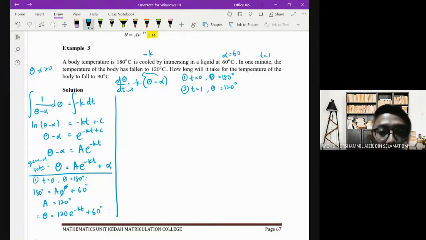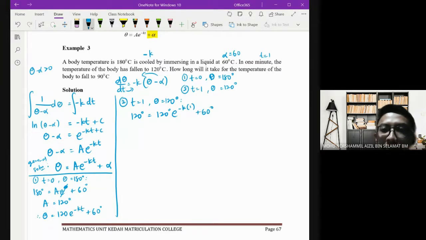So we still call it general solution. To change it to particular solution, we need to satisfy the second condition. t equals to 1 and theta equals to 120. So substitute this part: 120 equals to 120 exponential minus k, t is 1, plus 60.